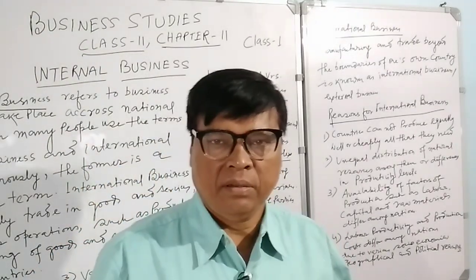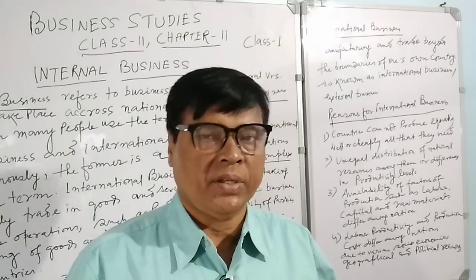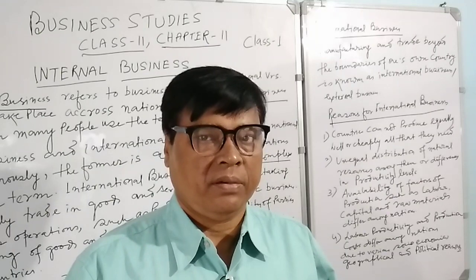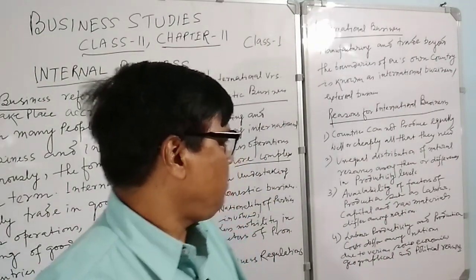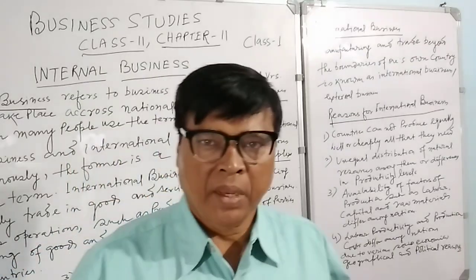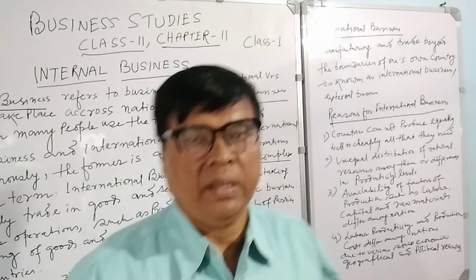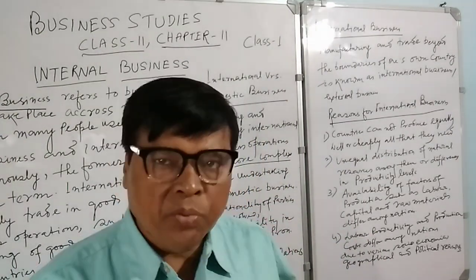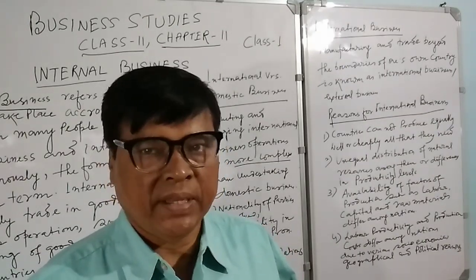All countries are not in a favorable condition to produce the same product. Countries cannot all produce equally well and cheaply what they need. We need so many things for our livelihood, and one single country cannot produce all its products cheaply. That is the reason.